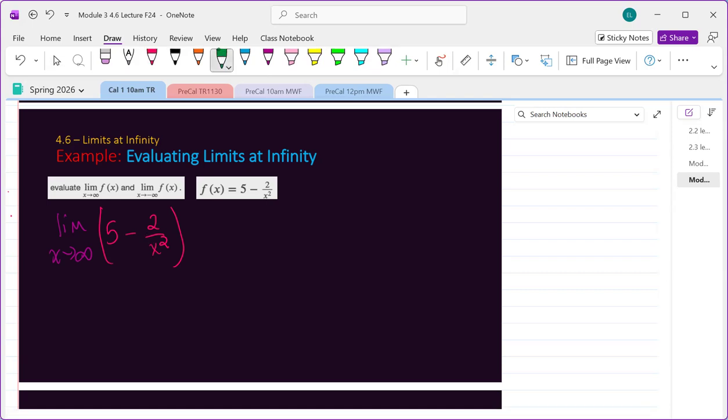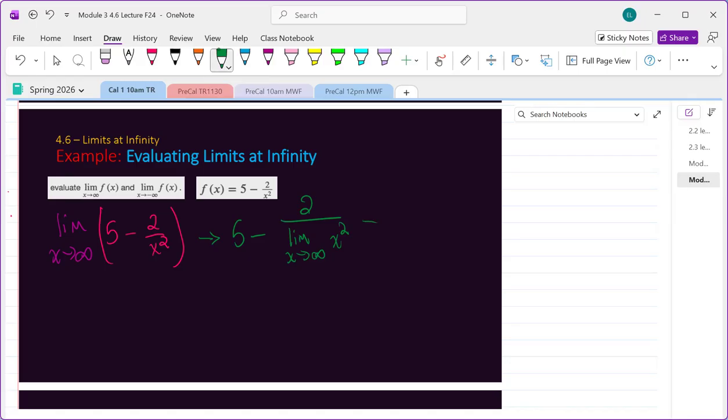So I'm going to zoom the limit in to 5 minus 2 over the limit as x approaches infinity of x squared. So as x approaches positive infinity of x squared, what does x squared do? Yep, it's going to approach infinity. So infinity squared is just even bigger.